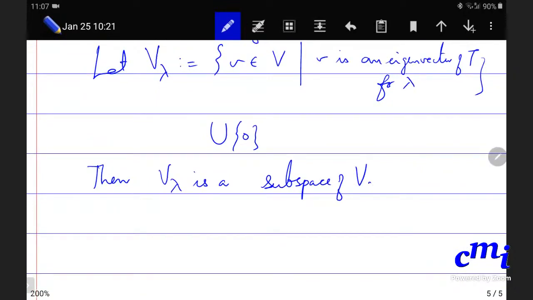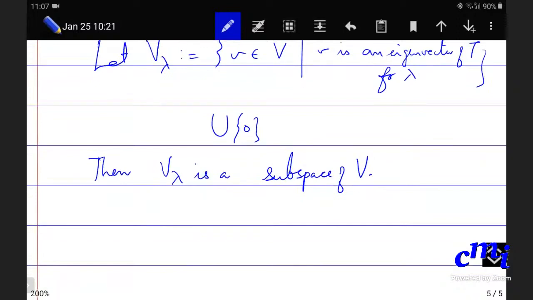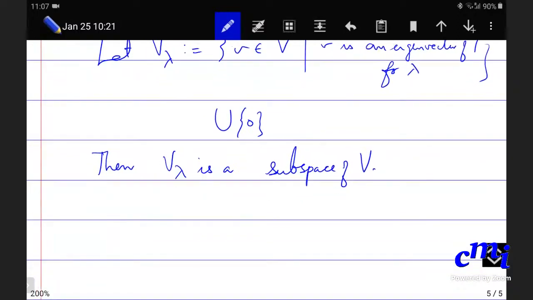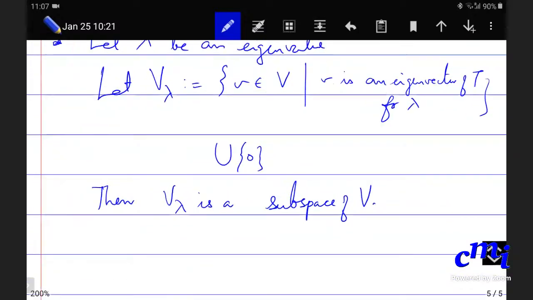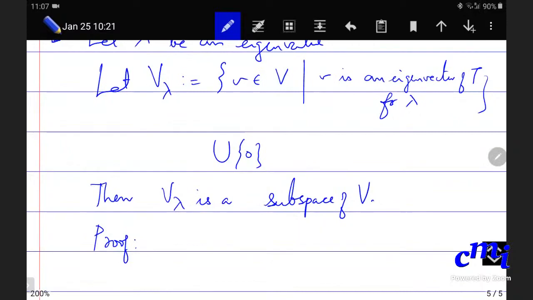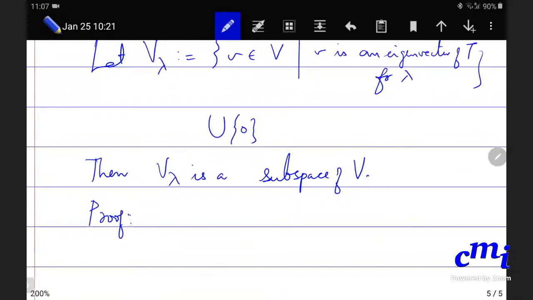So, the proof of this second point. What do we have to check? We have to check that this is closed under linear combinations.